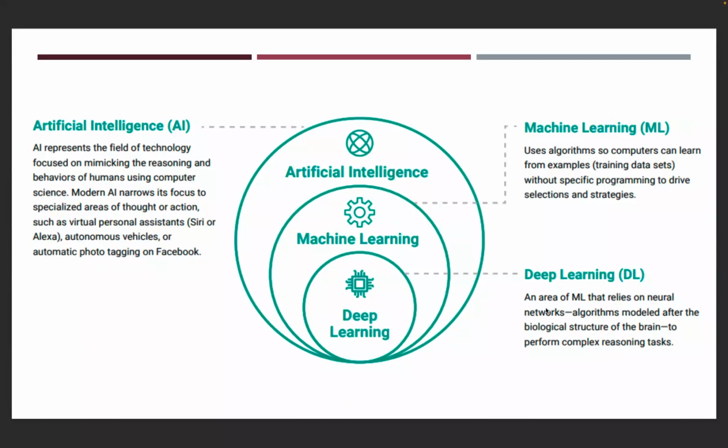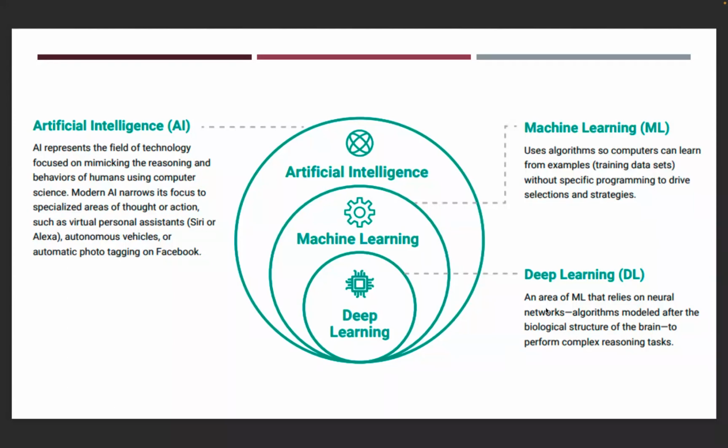This helps us transform huge data collections, which are only growing bigger all the time, into values, insights and actions. If I create systems which can identify objects or human language or speech, all these would come under artificial intelligence.